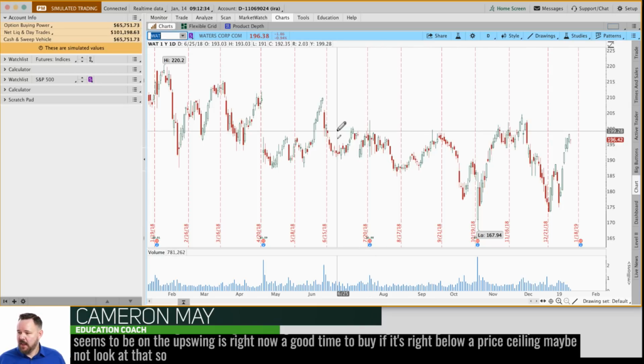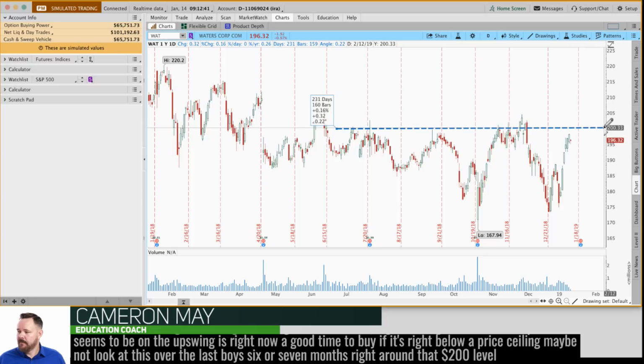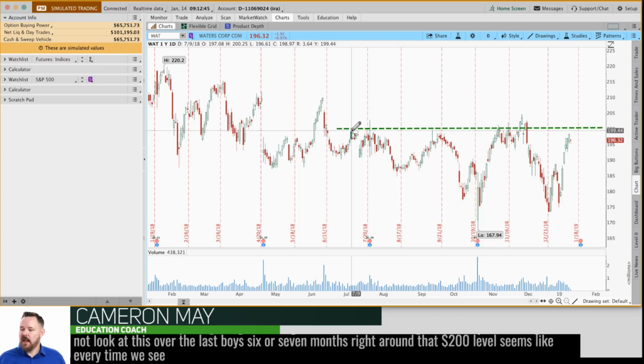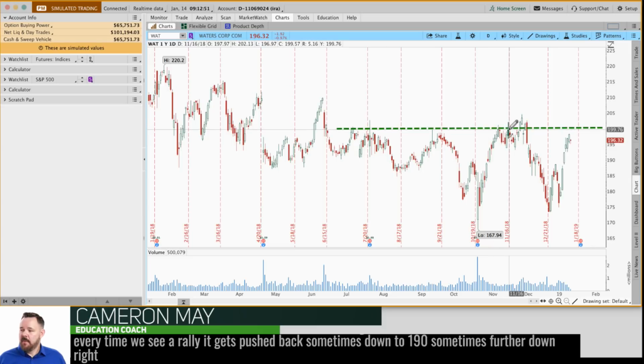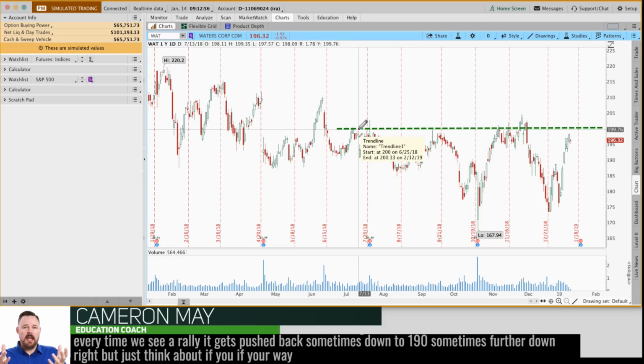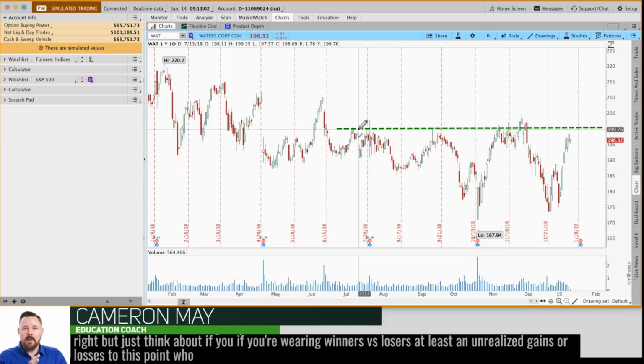Look at this. Over the last 6 or 7 months, right around that $200 level. Seems like every time we see a rally, it gets pushed back, sometimes down to 190, sometimes further down, right? But just think about if you're weighing winners versus losers, at least in unrealized gains or losses to this point, who's doing better?